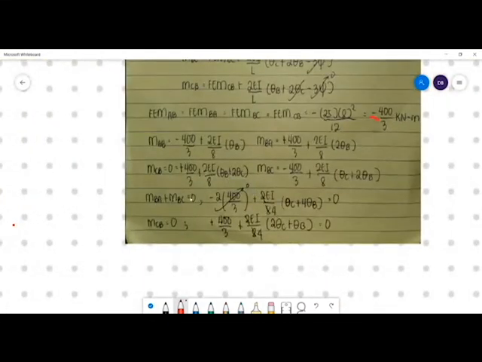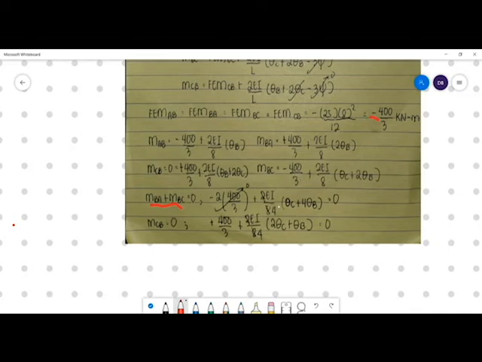MBA plus MBC is equal to 0. So we combine our MBA and MBC: the 400 over 3 from BA, and minus 400 over 3 from BC, will become 0.